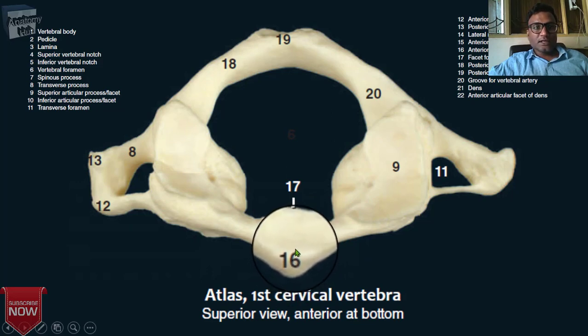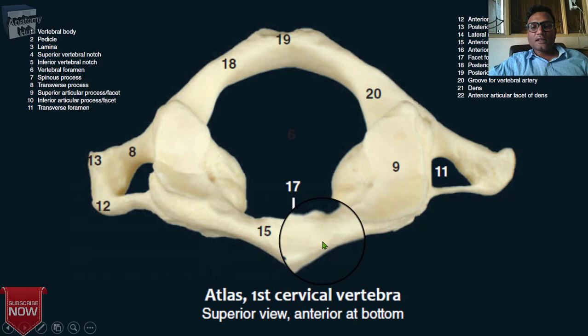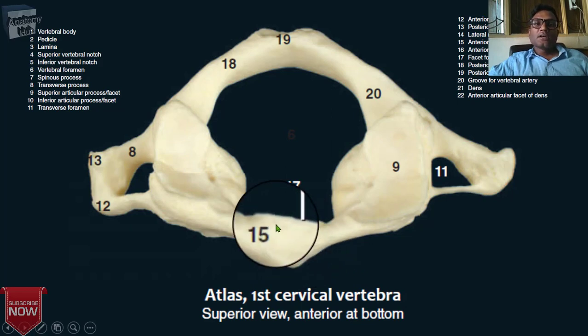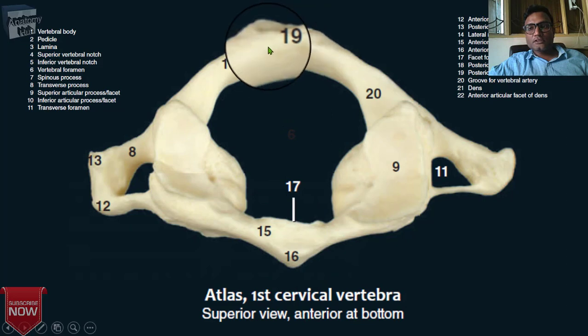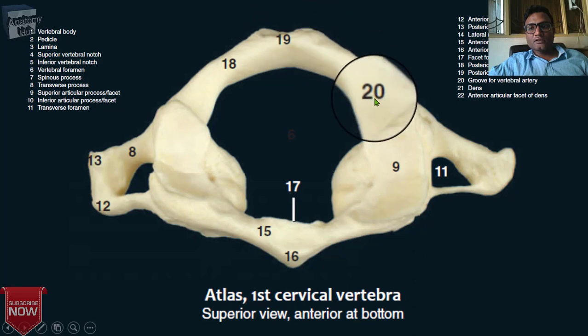Then you will find the posterior tubercle of the posterior arch, and here the groove for the vertebral artery.